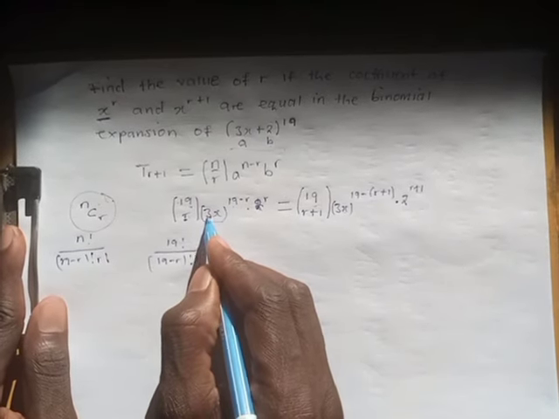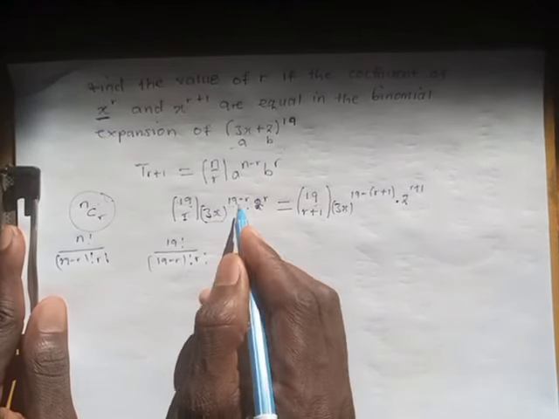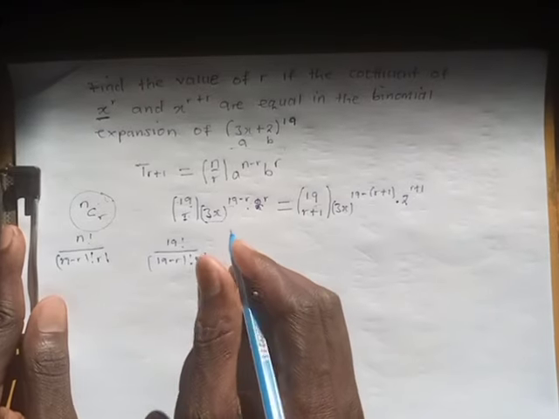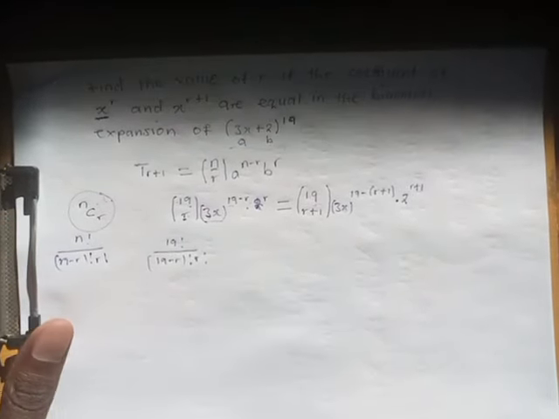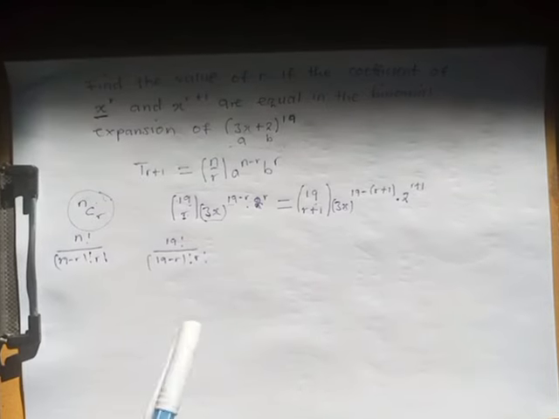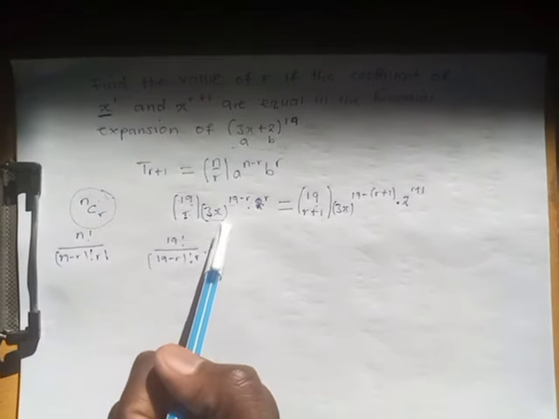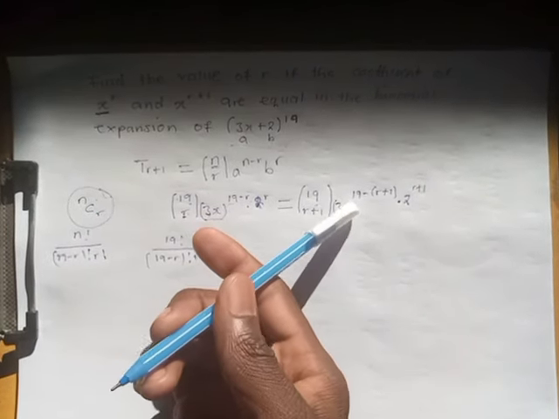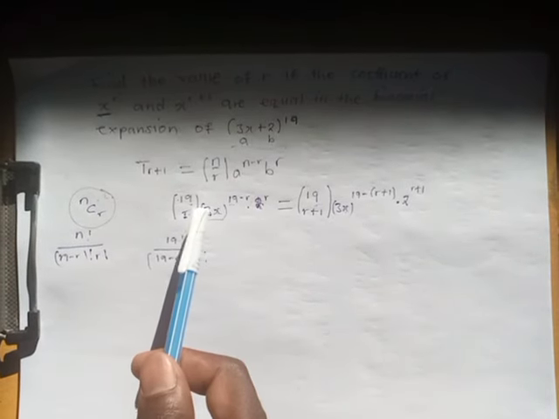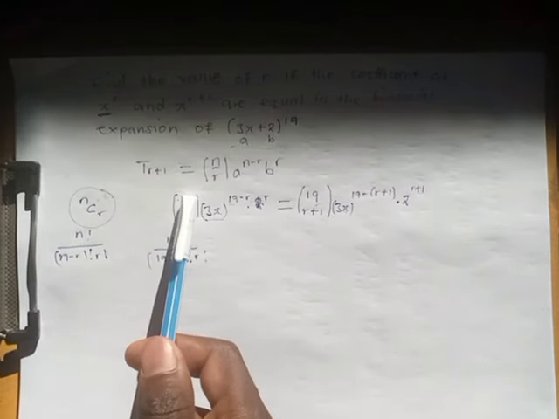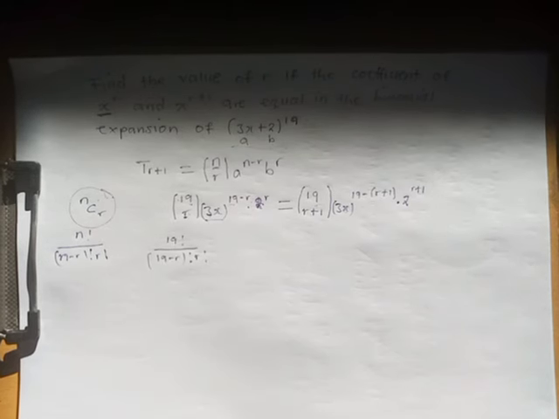This one has to be 3 to the power of that and x to the power of that. So actually, we are going to see it in an easy way. But don't forget that they are telling us that the coefficient of x to the power of r and the coefficient of x to the power of r plus 1 are equal, meaning that whatever we come up with, if we expand this in reference to that and that one, it has to be the coefficient of x to the power of r.